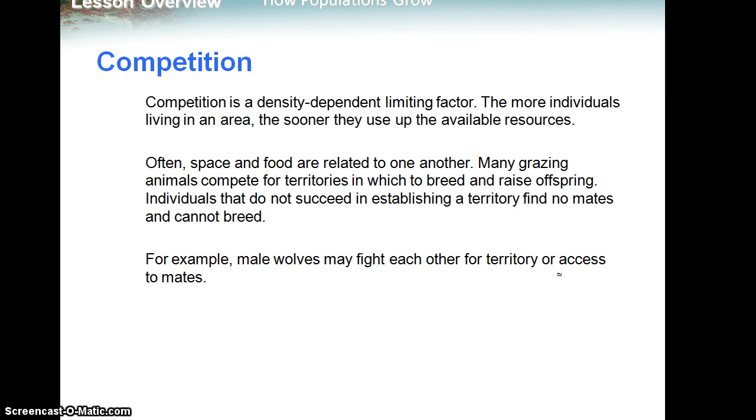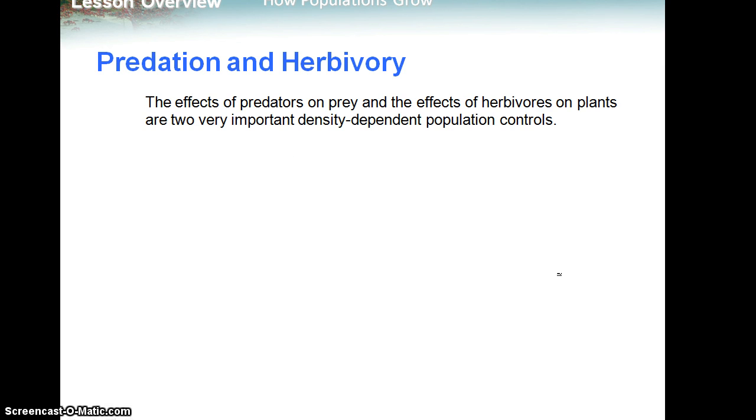We've talked a lot about competition and how if the whole class is fighting over one candy bar rather than two people fighting over the same candy bar, there's more competition. We've talked a lot about predation and herbivory. If there's plenty of prey to eat, then there can be more predators.